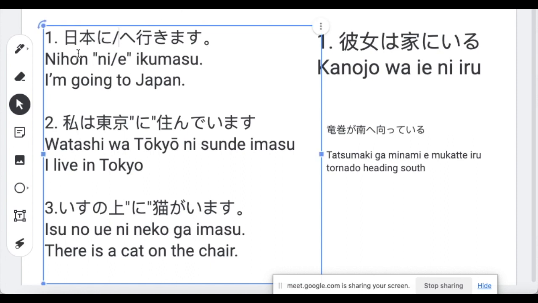Nihon ni ikimasu, Nihon e ikimasu. Both are correct, right? But watashi wa Tokyo ni sundeimasu. I live in Tokyo. In this case, you can't use e here.